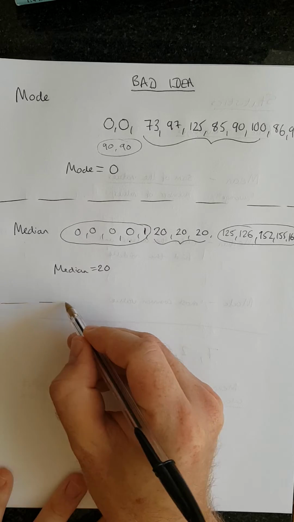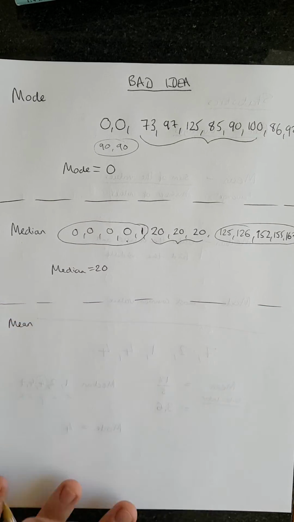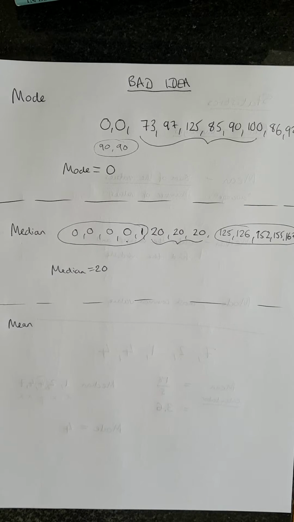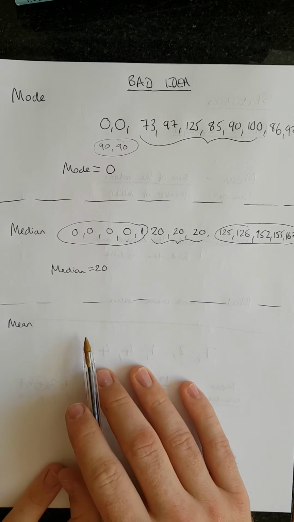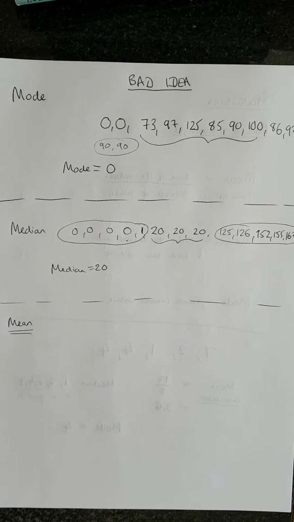Okay. Let's look at the mean now, and let's try and make the mean a bad idea. Well, the mean is where you add the values up and divide it by the number of values.